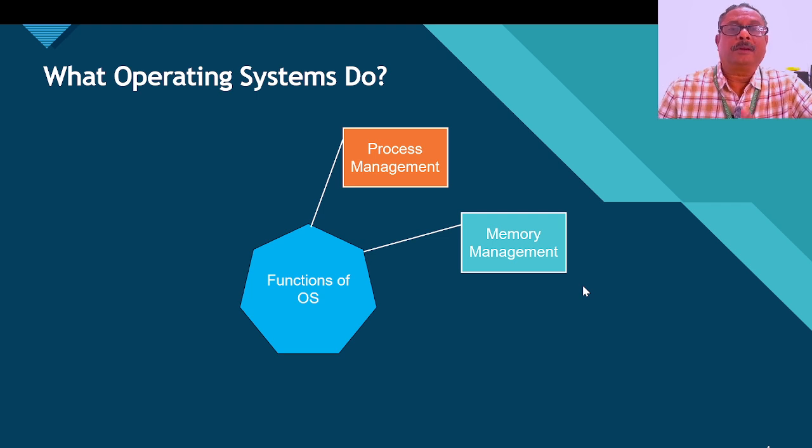Then we have memory. Here we are mainly dealing with the primary memory, the memory on the motherboard, which we often call RAM. It's a faster memory compared to the secondary memory, which is of a bigger size but slower.